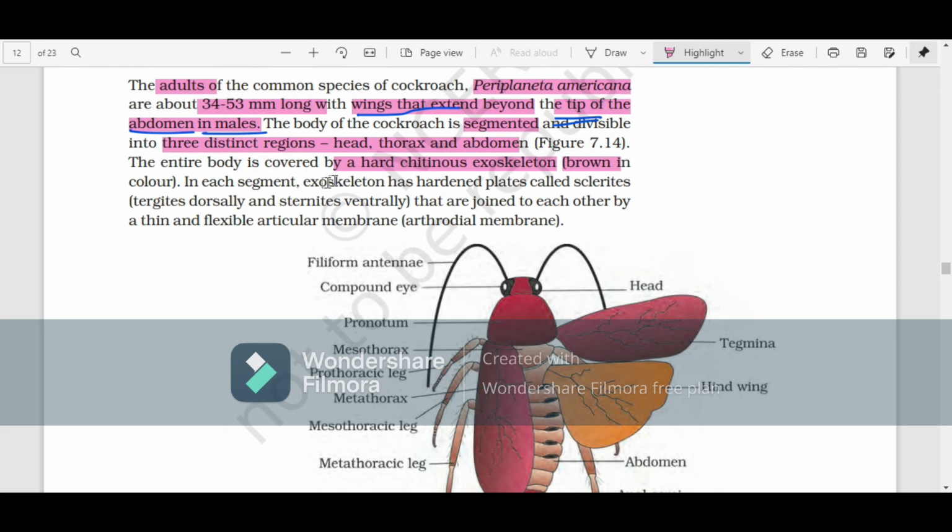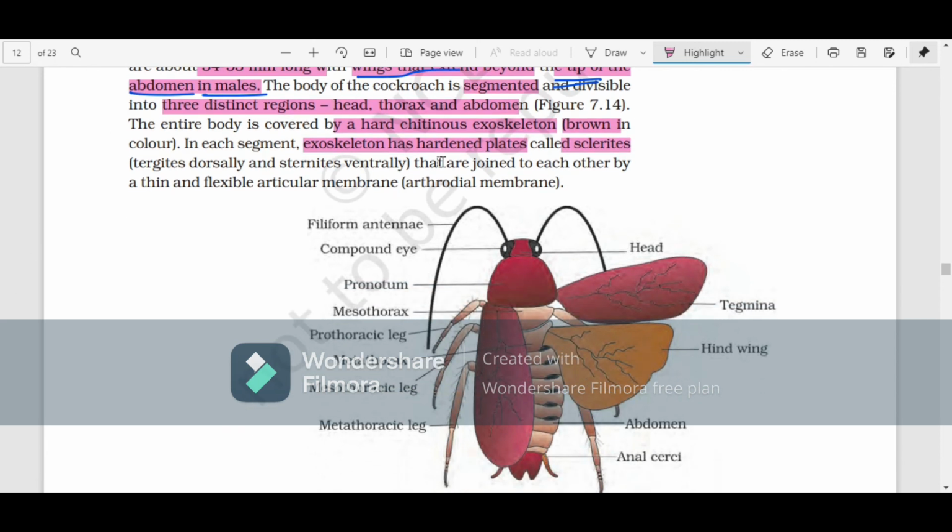In each segment, the exoskeleton has hardened plates called sclerites, which are called tergites dorsally and sternites ventrally.